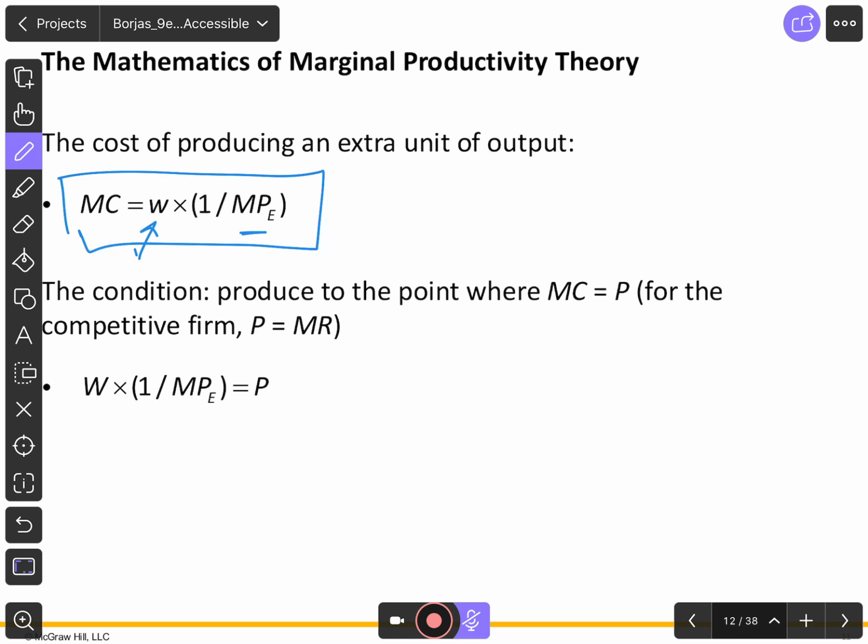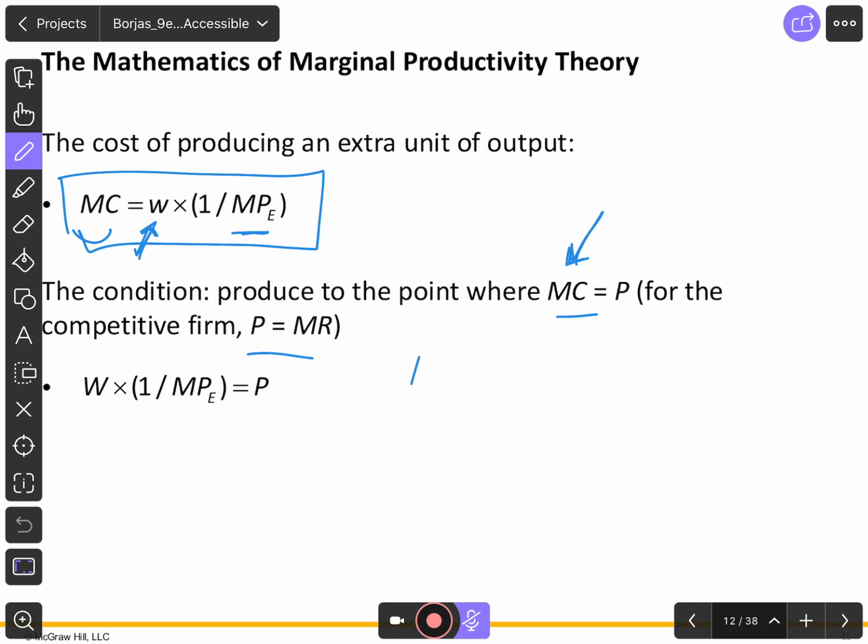produce up to the point where the marginal cost is equal to the wage rate divided by the marginal productivity of capital. But we know that the marginal cost is equal to the price. So the marginal cost of production is basically equal to the price, and this is for the competitive firm.